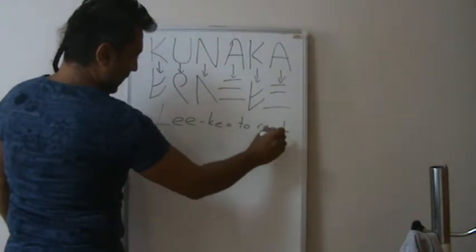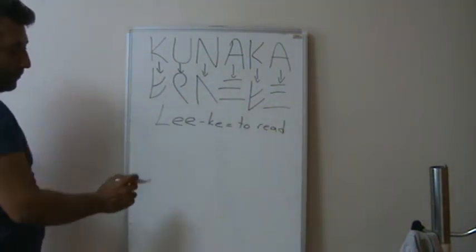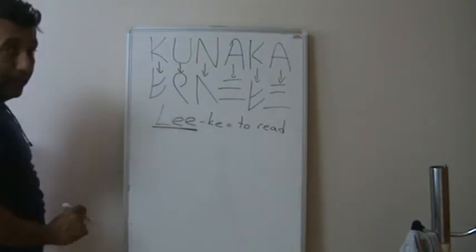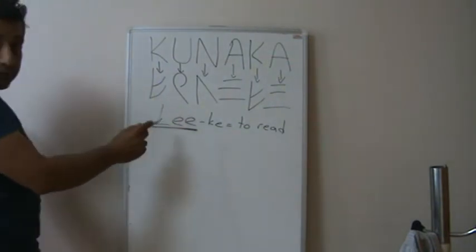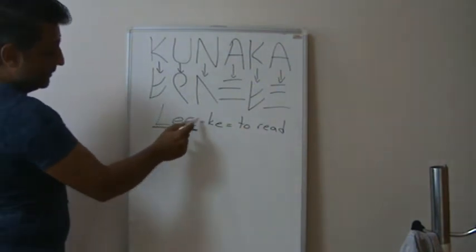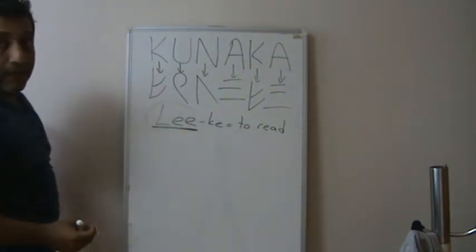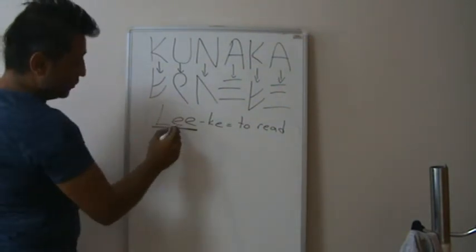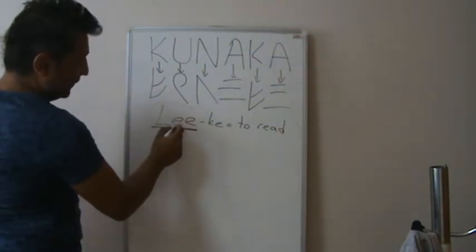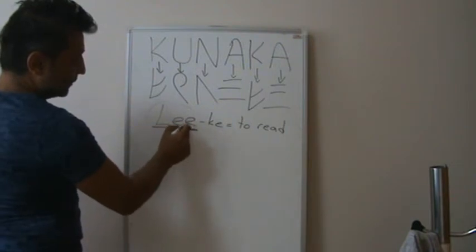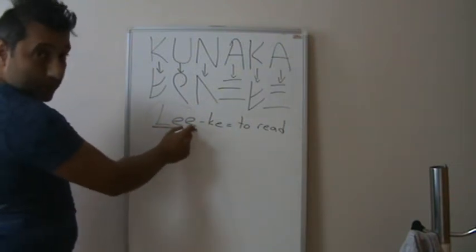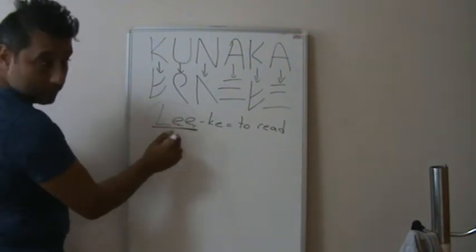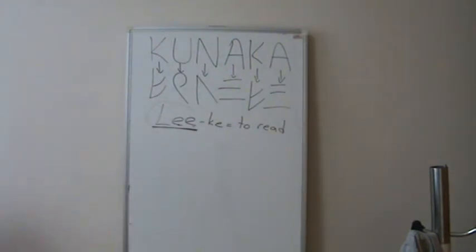It is the verb root. So we don't pronounce it as a single long e. No, we pronounce the vowel e repeating itself, le-e.